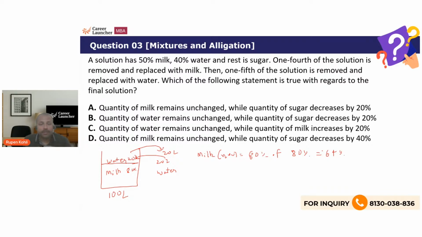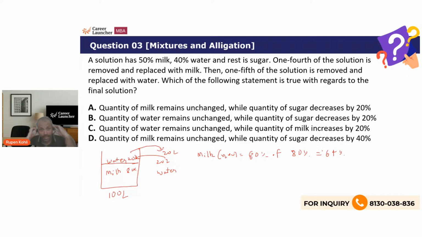Right now, so we have 50%, 40%, and the remaining 10% of sugar. 50% milk, 40% water, the rest is 10% sugar. So now this solution is of three things. The concept does not change. 1/4 of the solution is removed and replaced with milk. So since 1/4 of the solution is removed and replaced with milk, whatever other constituents there are, their respective concentrations will go down by 1/4.